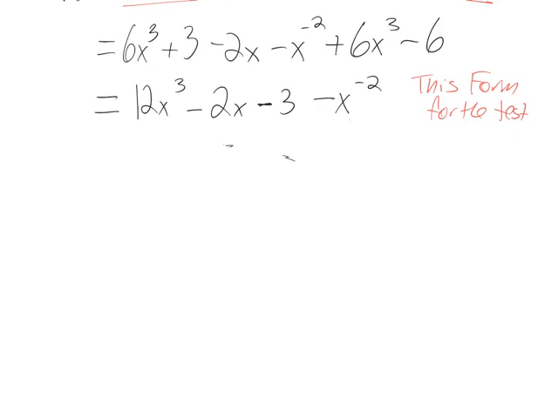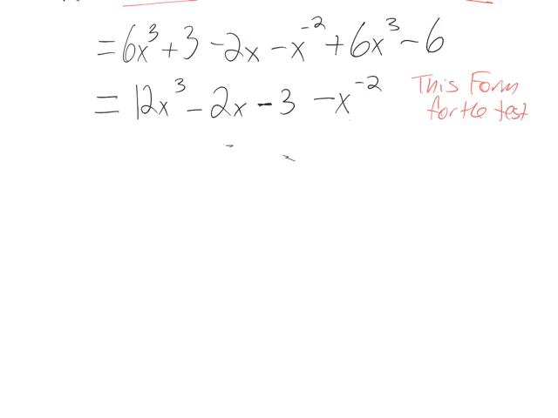Now, if we do need to set it equal to 0 to find a horizontal tangent, or if we need to do something else with the derivative, then what we can do is factor out an x to the negative 2 and then pull it to the bottom. You can also write this as 1 over x to the second power, and then get a common denominator and work that for the whole thing. So a couple of different options there, just depending on how you want to do it.